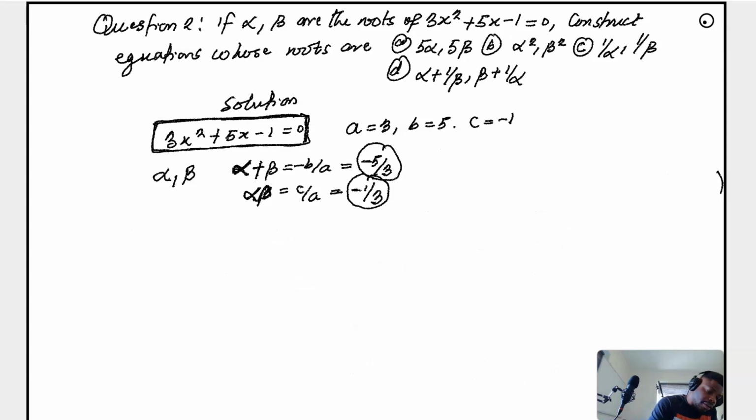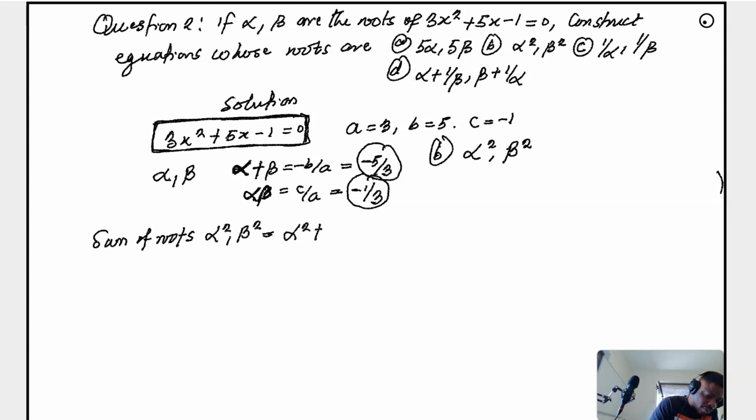Now question B, the root is giving us alpha squared minus beta squared, and we want to construct a quadratic equation for this. So the first thing is you want to get the sum of roots. These are the roots, right? So let's get the sum. That is alpha squared plus beta squared. Okay?